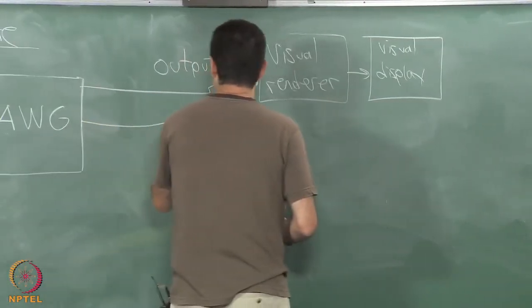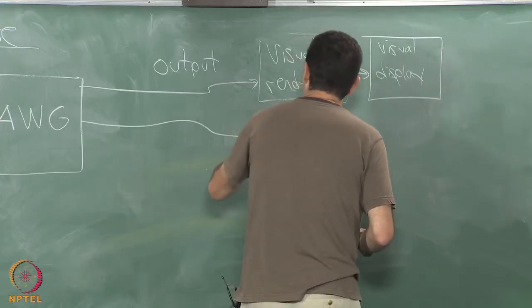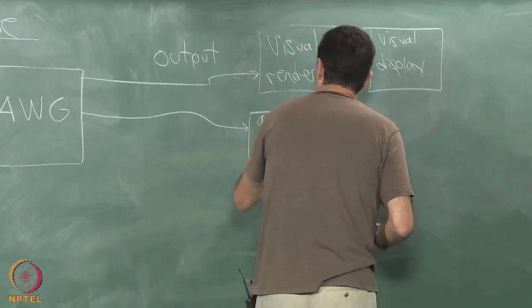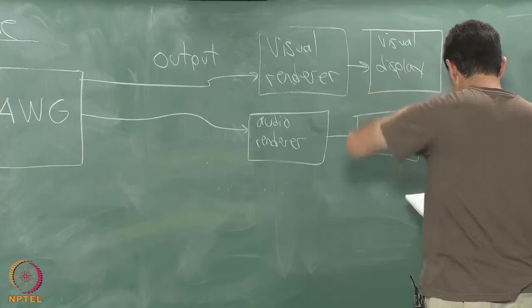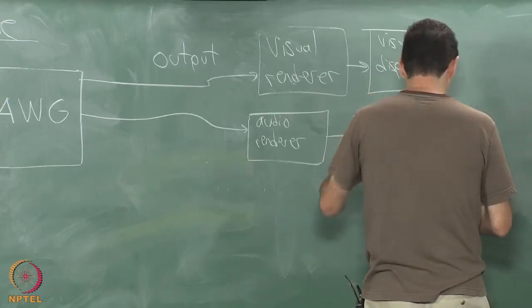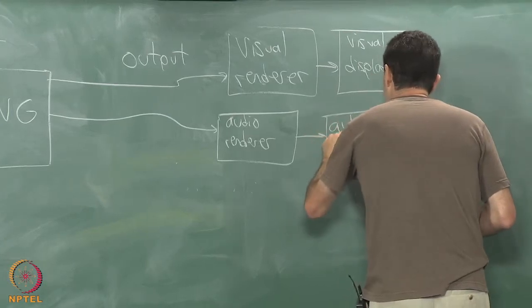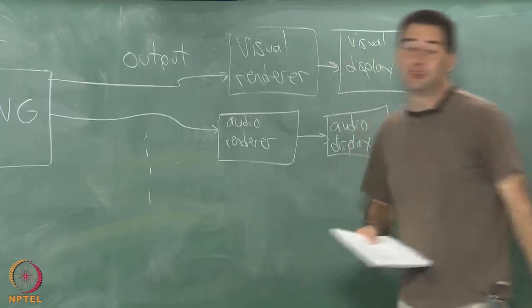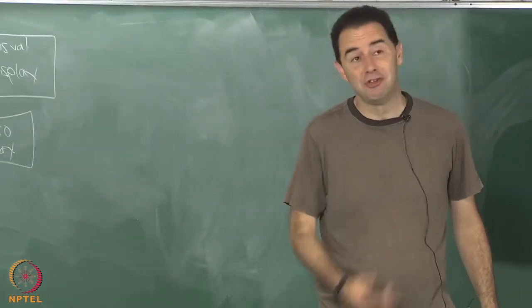It doesn't really matter which sense, so we can have another one that's an audio renderer, and we get an audio display. And I want this to continue onward for other senses. If you want to have a haptic renderer, you can have a haptic display that gives you force feedback.